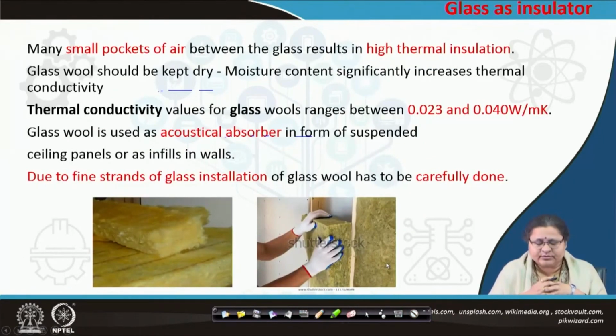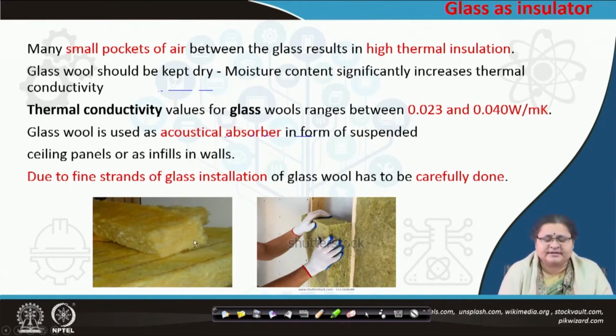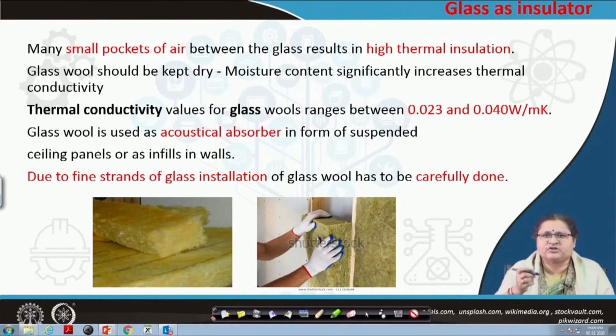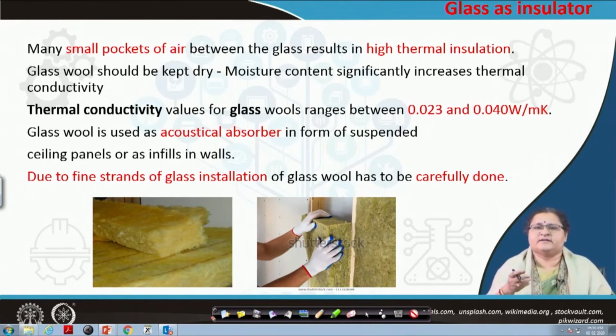Now, in this picture you can see the glass wool here. This is how it looks. What is entrapped? It is the air which is entrapped, which is actually helping in the insulation process. So, this entrapped air is the player of insulation. It should be dry. If there is water inside, it no longer serves as a thermal insulator.